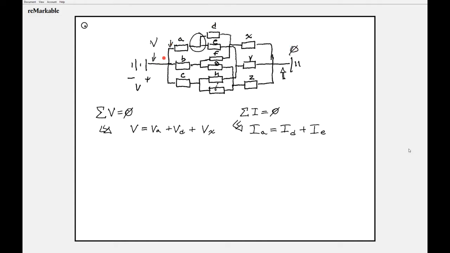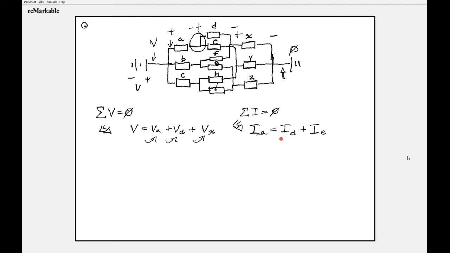If we choose one path, and why not the top, we'll have a voltage drop between A and D, and then a voltage drop across D, and then a voltage drop across X. That forms one path, and those all must add up to V based on Kirchhoff's voltage law.